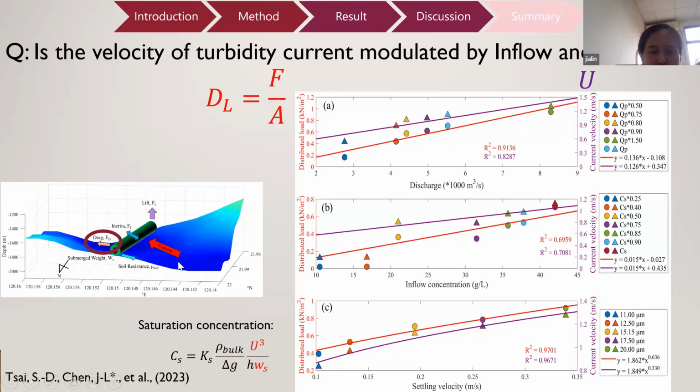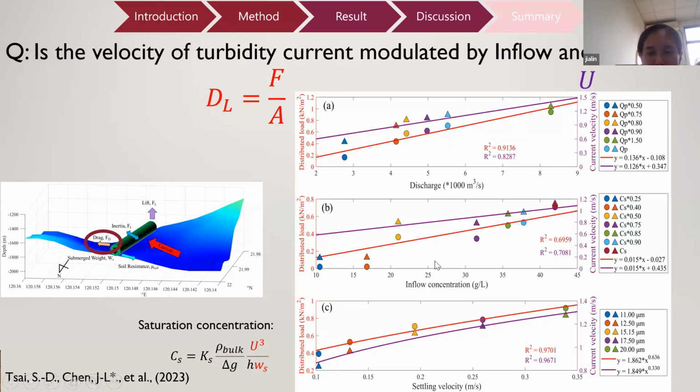But what we try to resolve now is, if the current is acting on the subsea cable, what is the drag force in this condition? And this drag force will give us an important parameter for designing subsea cable. It is called distributed load, which is defined by the drag force divided by the area of the subsea cable.